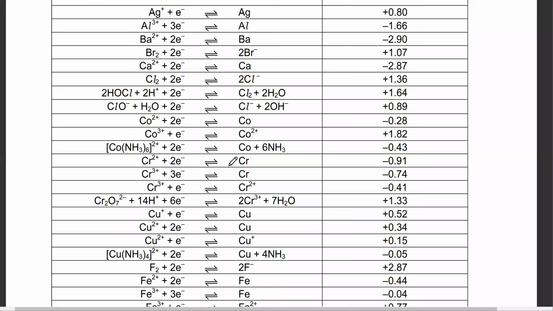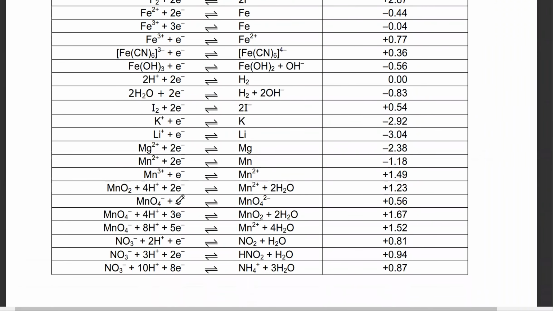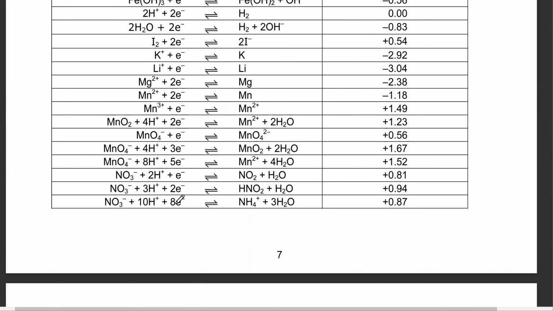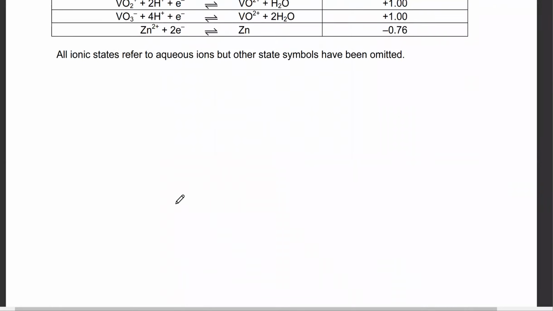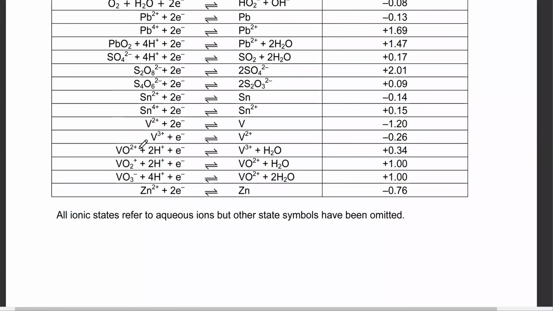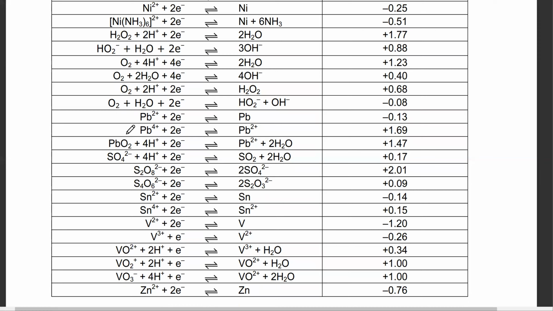You can see over here that there are separate equations for ClO-. All the ions are listed in the data booklet. The same goes for ions like VO2+. You can look at the data booklet and figure out the formula of the ions.